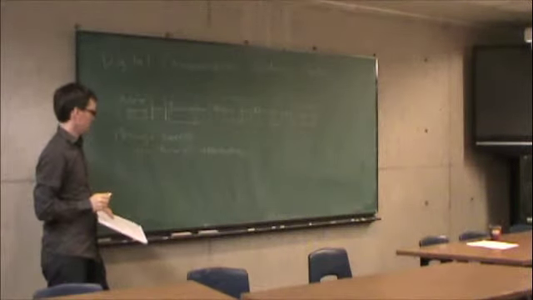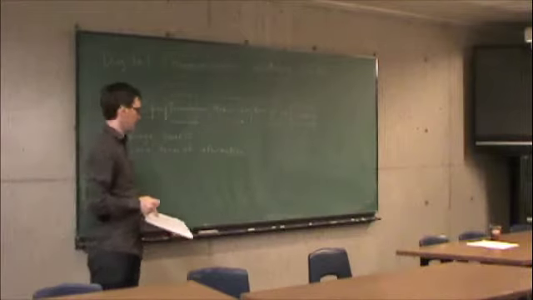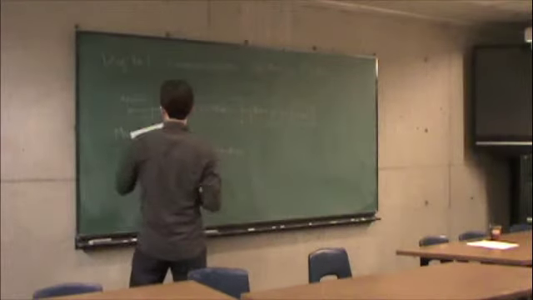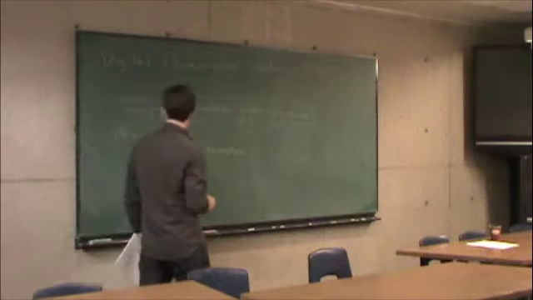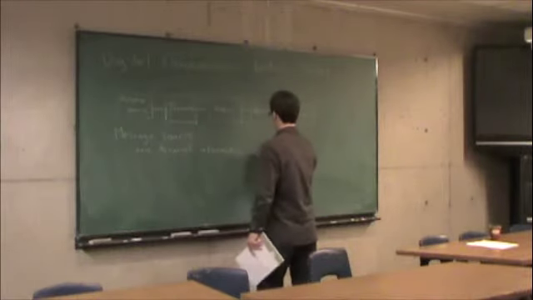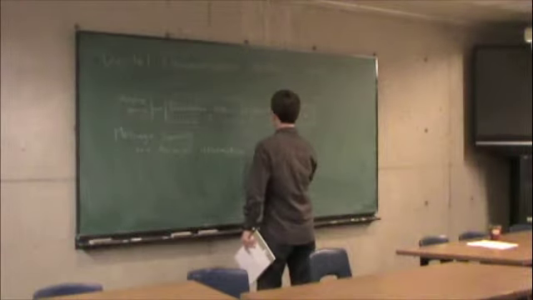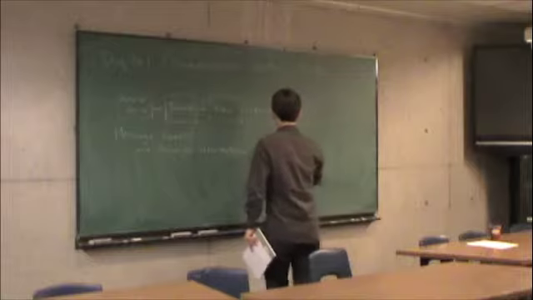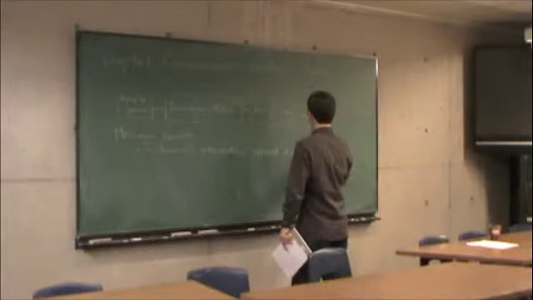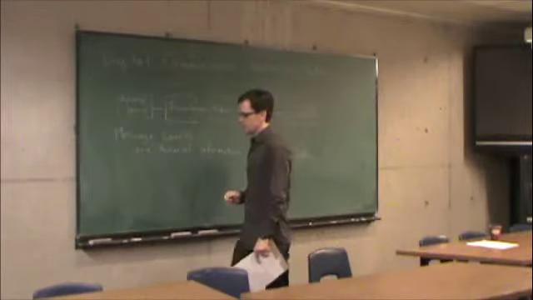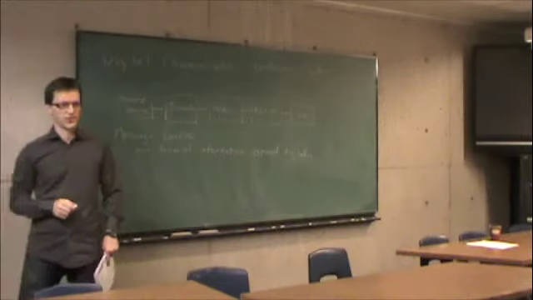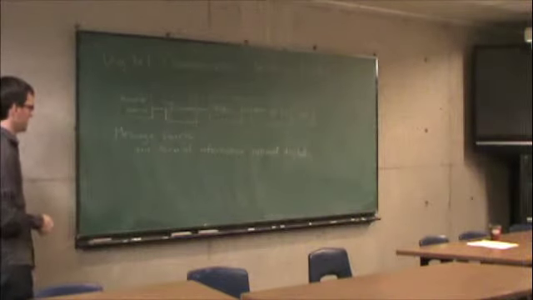Now it can't be just any form, because this is a data communications class. The information coming out of the message source must be expressed digitally. But fortunately, for anything that we want to send, there is likely a digital representation for it.